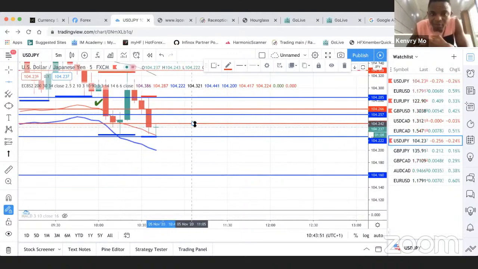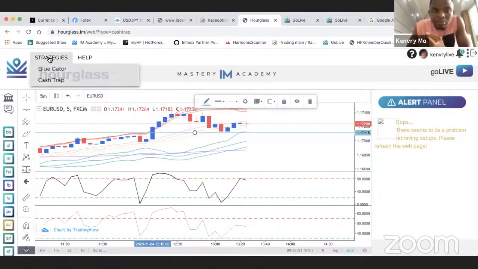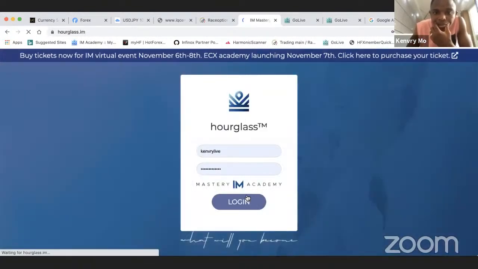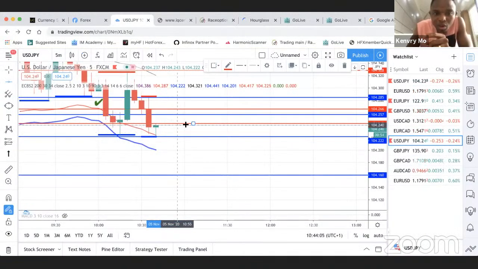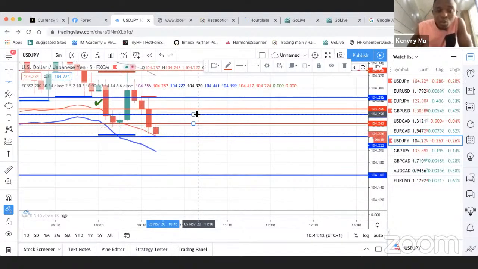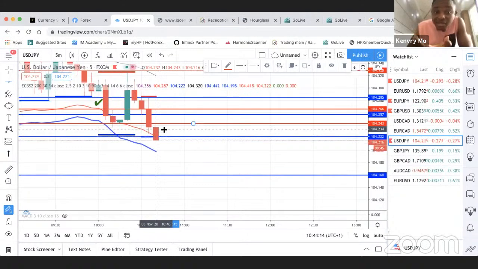Anything price is above the ceiling. So the next confirmation I can wait for is I want to go to the cash trap. So if I see a red candle, a red arrow around this area or around this area, I am going to sell the market. And you can see it got there.